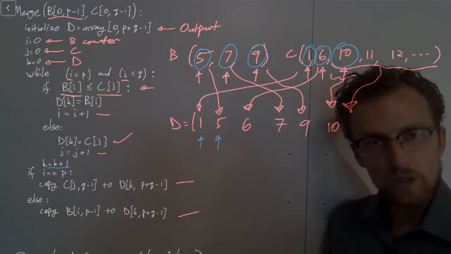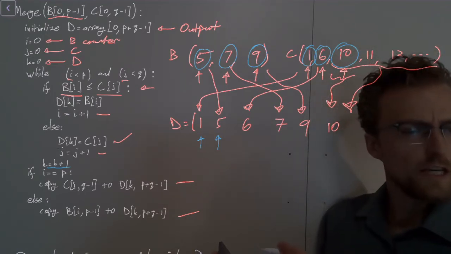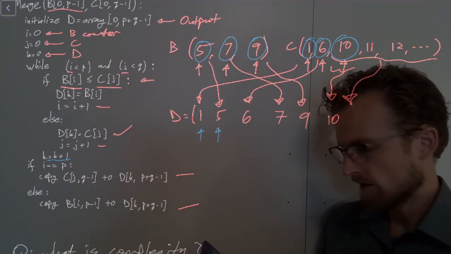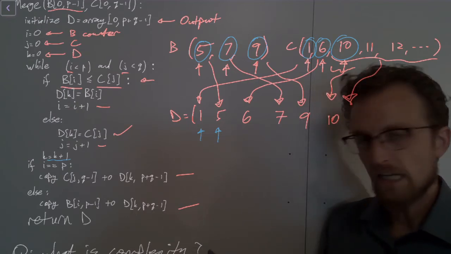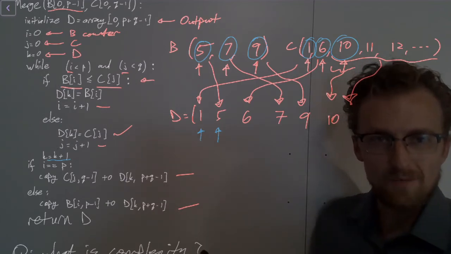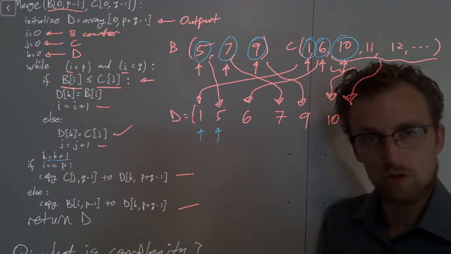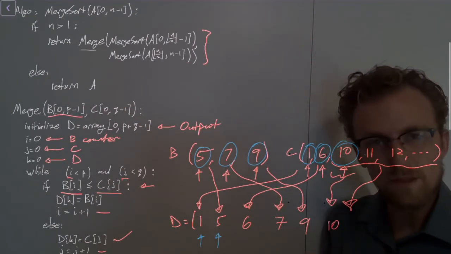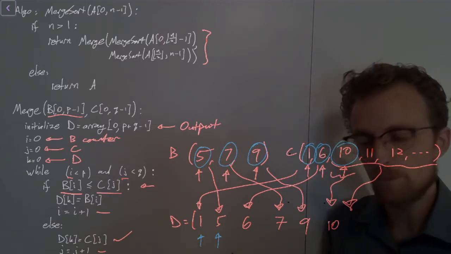Actually, I guess it does need a return statement in this particular formulation, since we're doing merge sort recursively. So at the very end we return D. So there's our return statement. So never mind, this does require a return statement, because in the merge sort function, we are expecting something to be returned. We're expecting this thing to have a value.